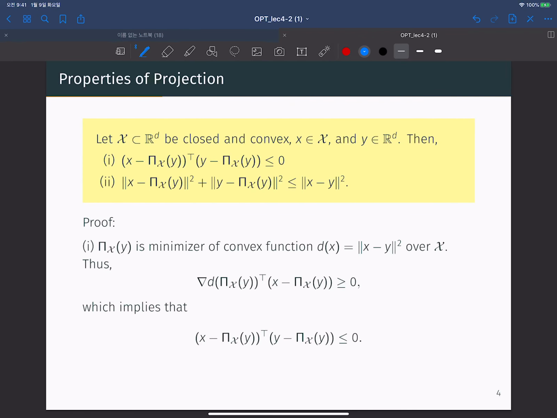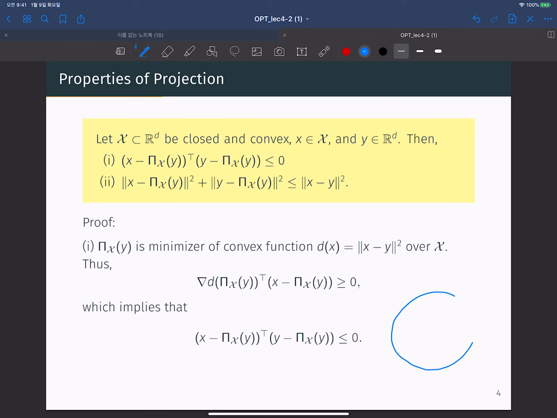Okay, the next one is very important properties of projection. So we have to remember these two properties. I think it is very easy to memorize these two properties if you draw a simple figure.